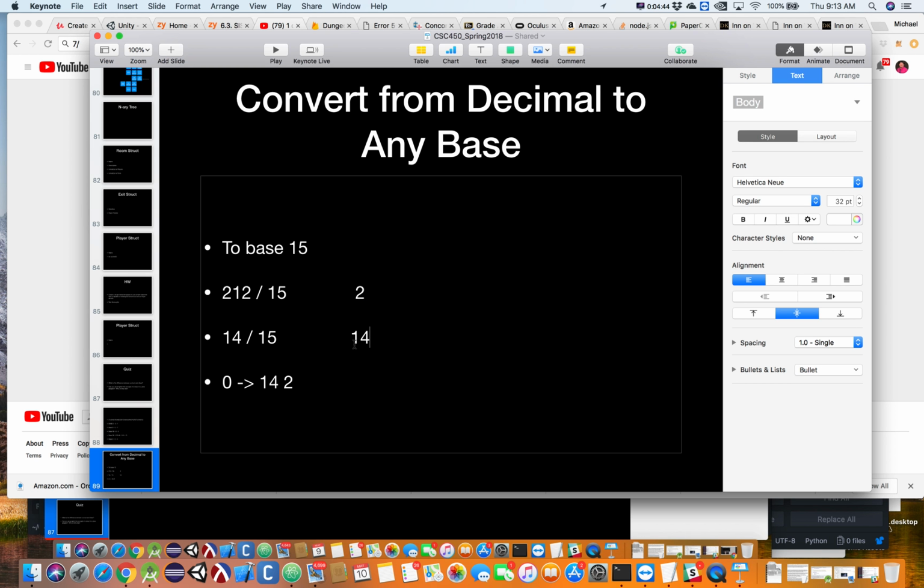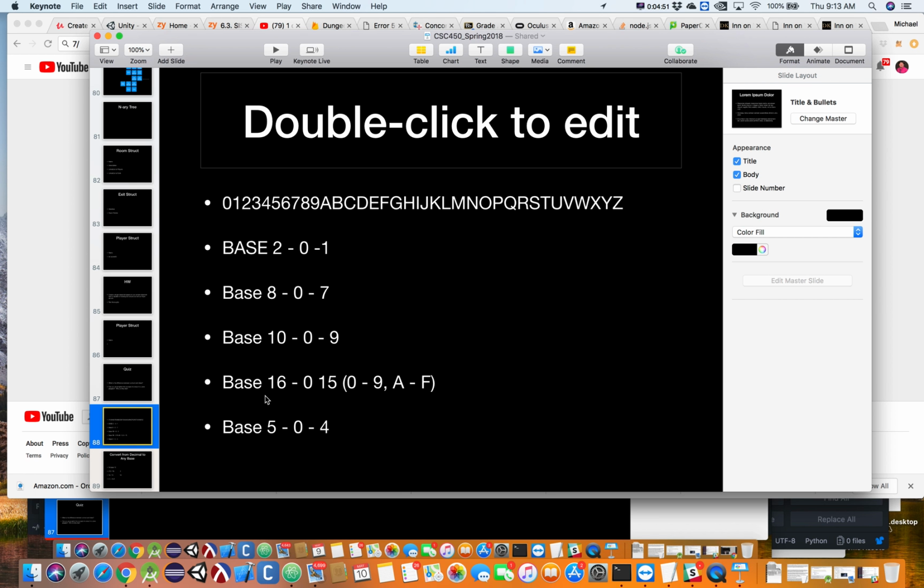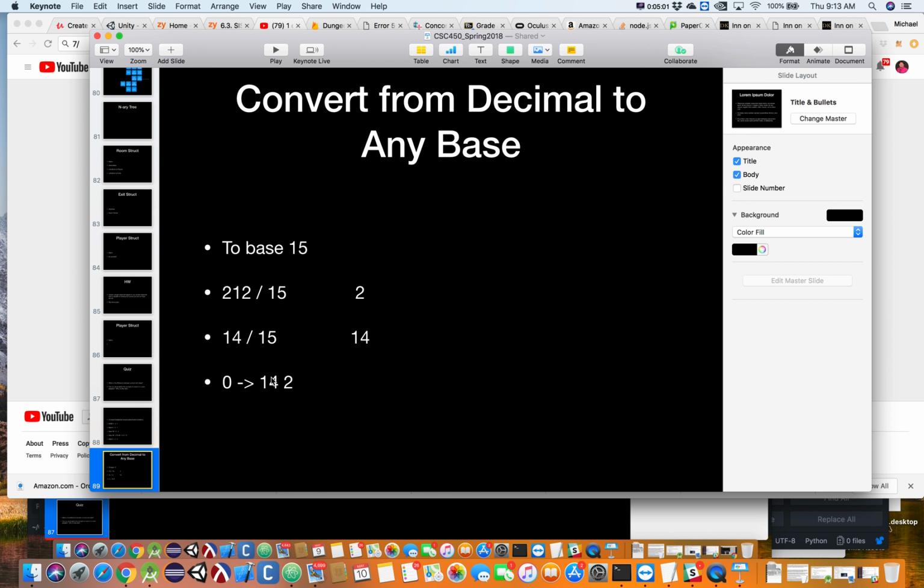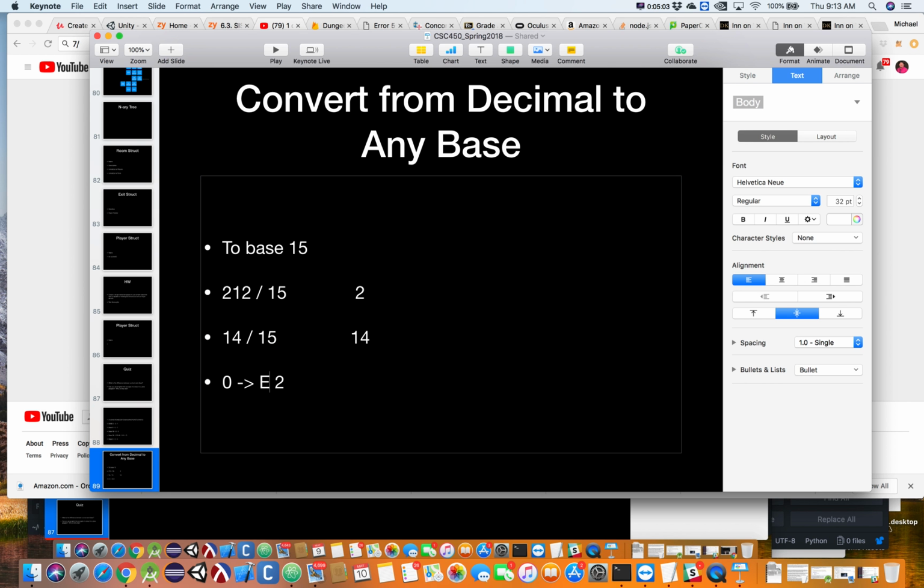We need to convert that 14 into its alpha equivalent, which is going to be E. So this is 10, 11, 12, 13, 14. So an E is 14. So this 14 here is actually an E. So our answer is E2.